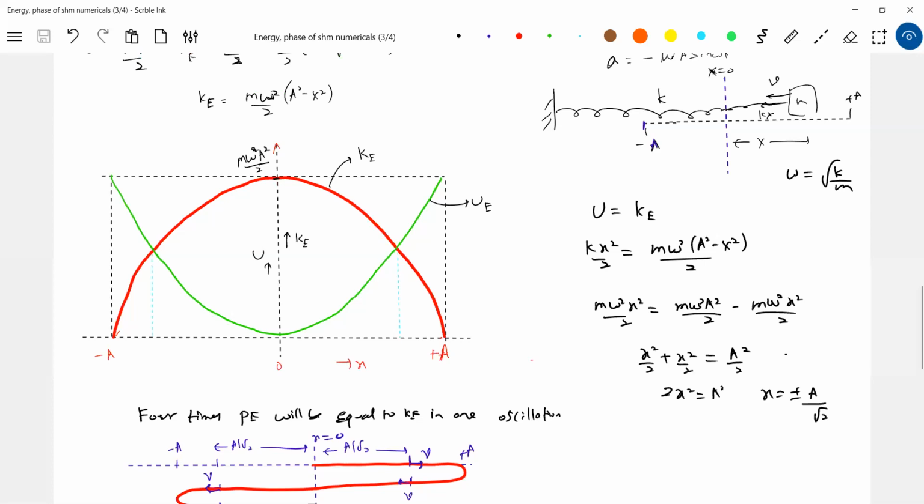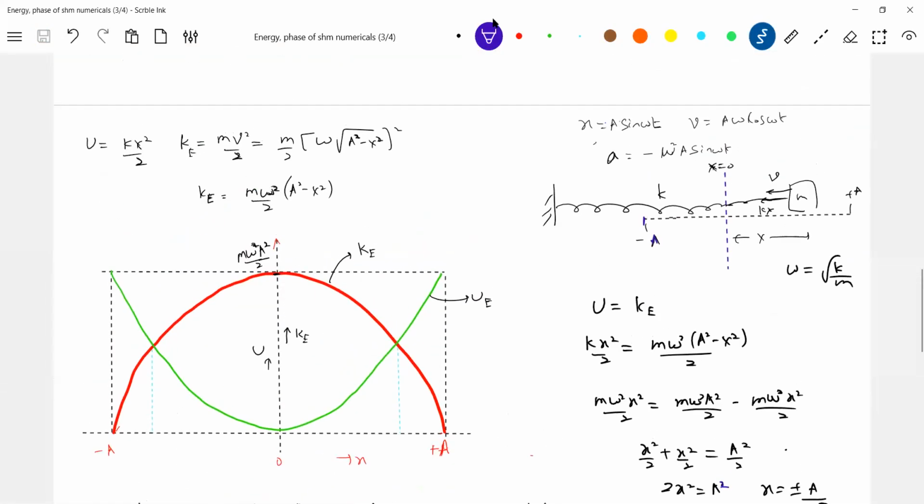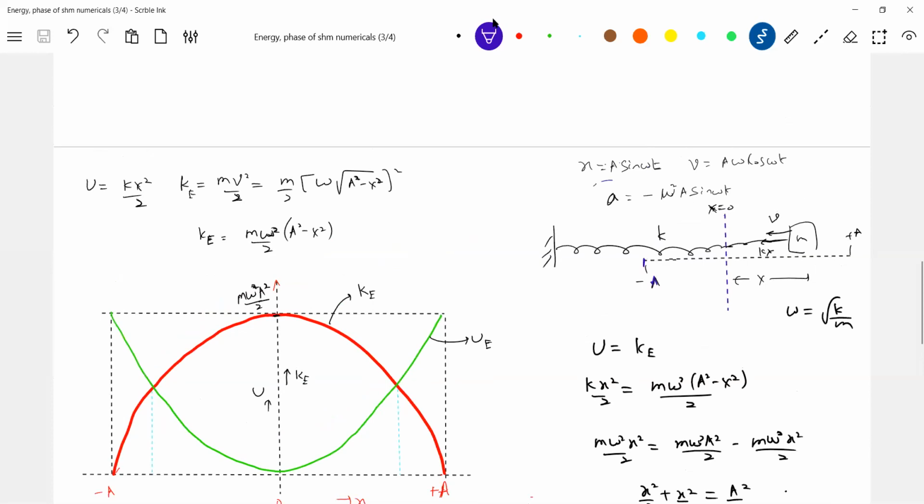So this is about the initial theoretical part: what is SHM, and how things vary, potential energy, kinetic energy, all of this. Let's get into the next part, the phase of SHM. Now you can ask why you are writing A sine omega t.